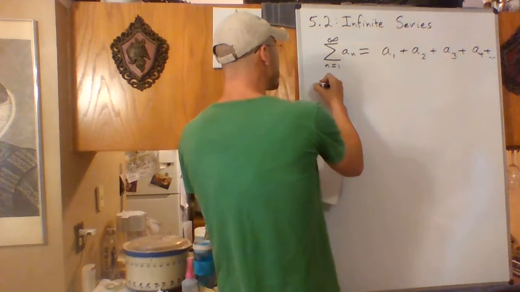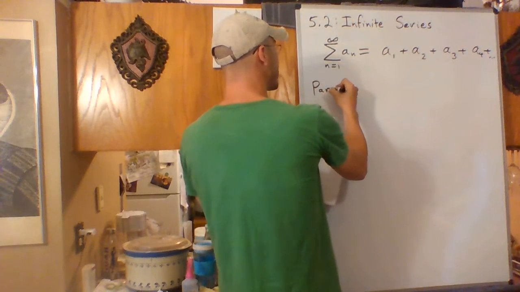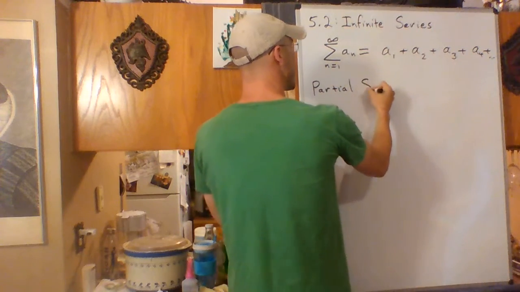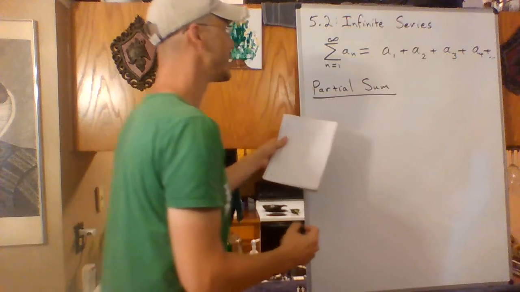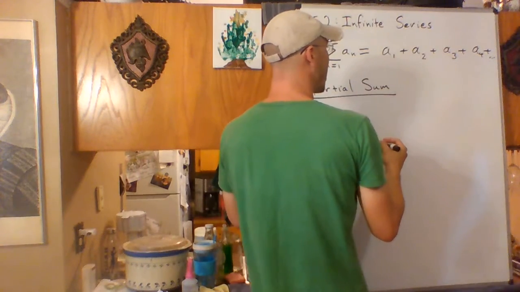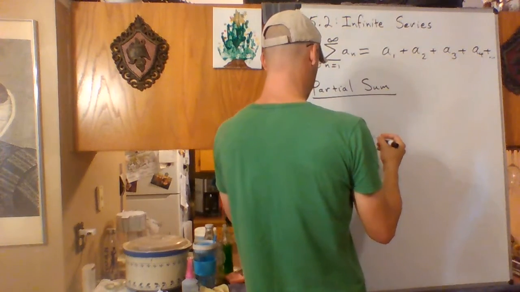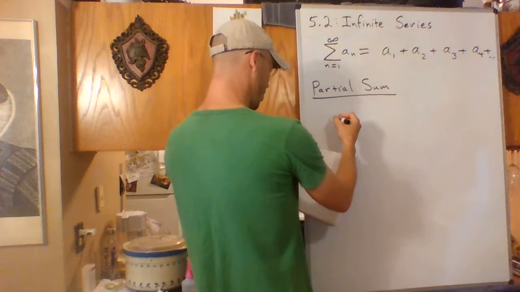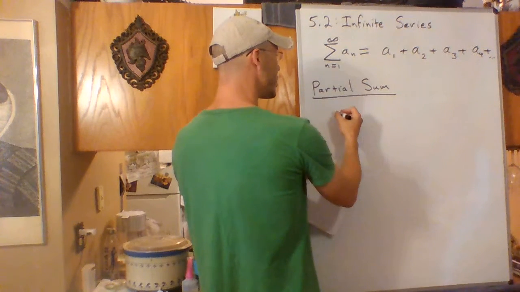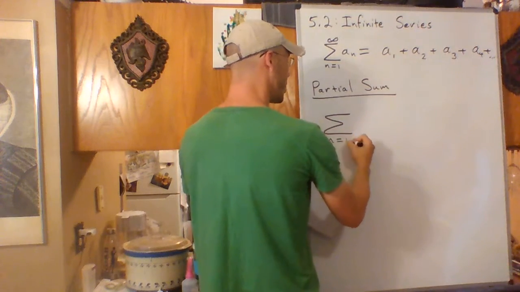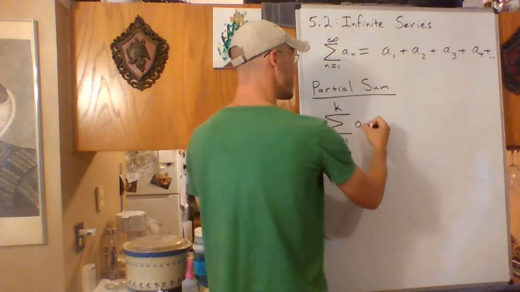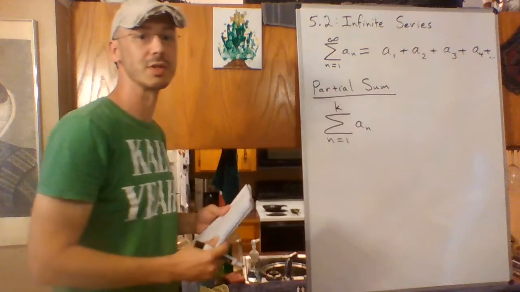So to do this, we're going to use something called the partial sum. The partial sum is, well, we're going to add up the first k terms of the sequence.